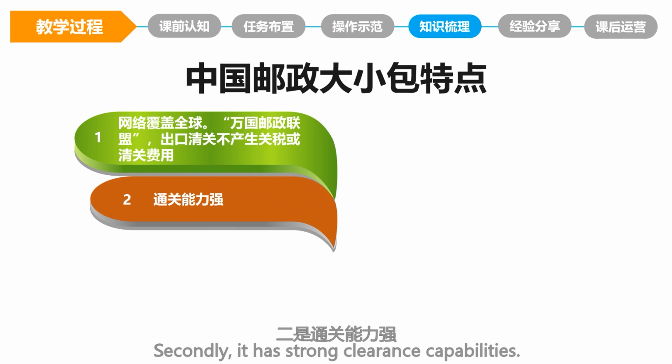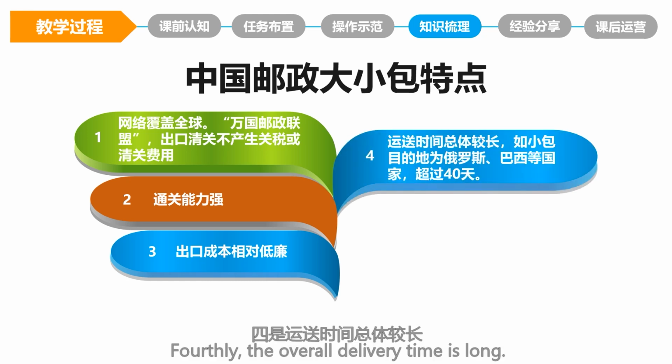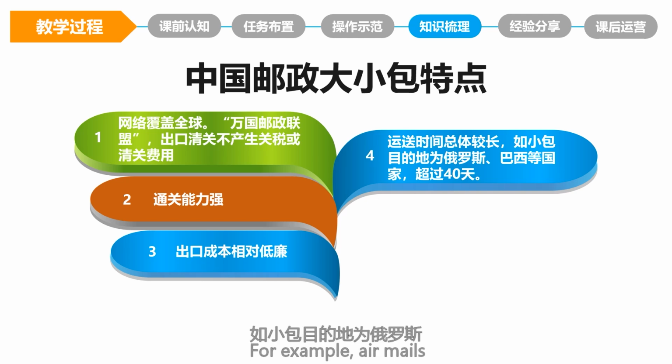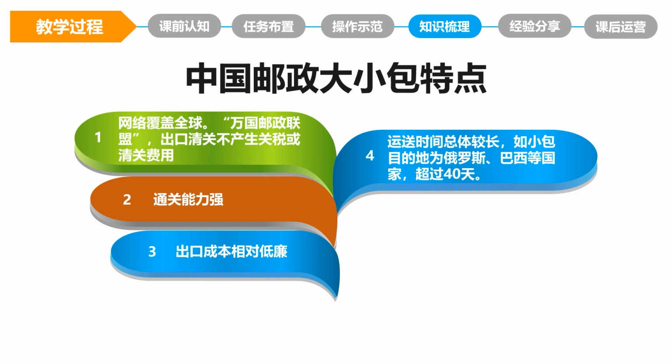Secondly, it has strong clearance capabilities. Thirdly, the export costs are relatively low. Fourthly, the overall delivery time is long. For example, parcels destined for countries such as Russia and Brazil may take over 40 days.